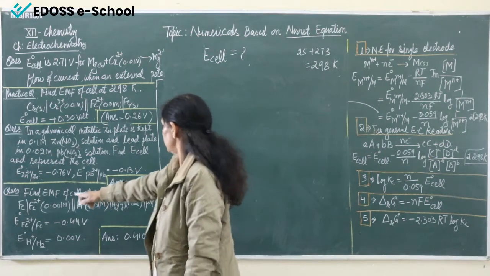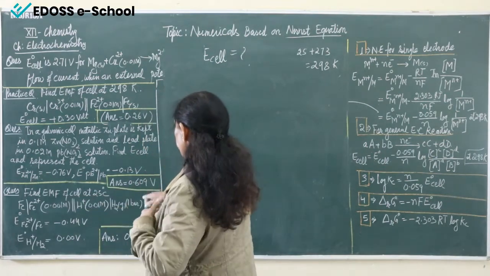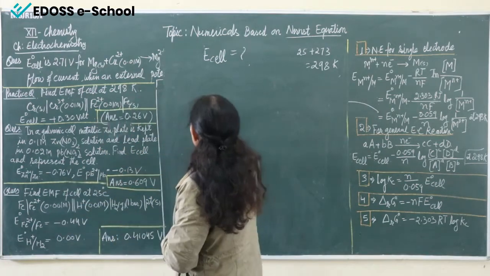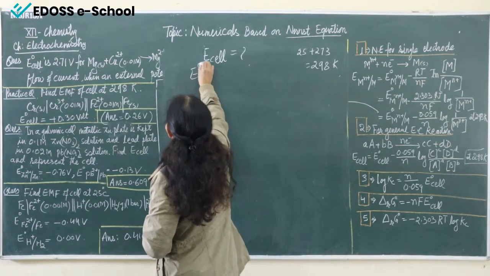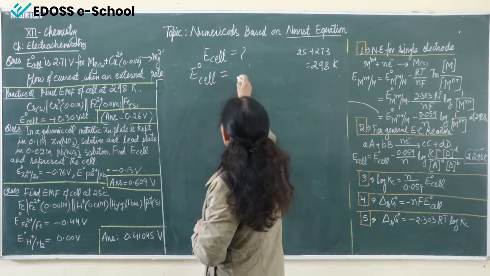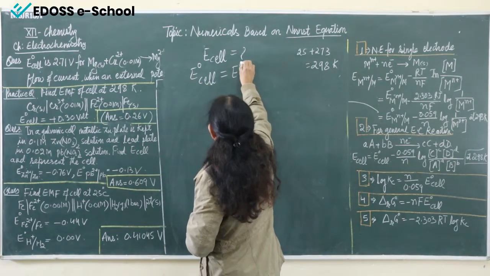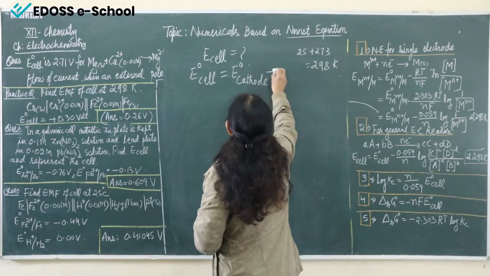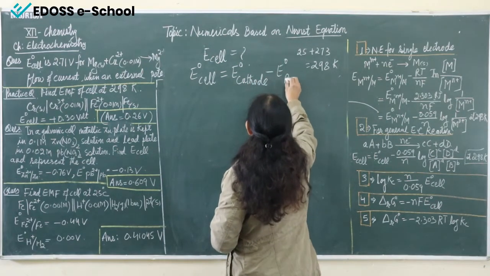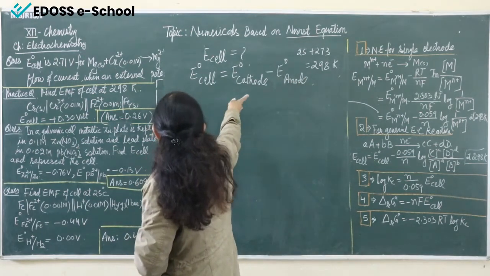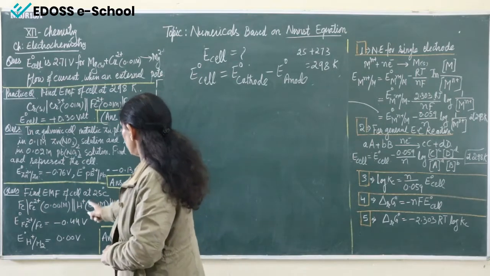Now see here in this question, with the value of this, we can find E naught now. E naught of the cell we can find. So E naught, I have already made it clear, E naught of cathode minus E naught of anode. Okay, so E naught of cell is equal to E naught of cathode minus E naught of anode.